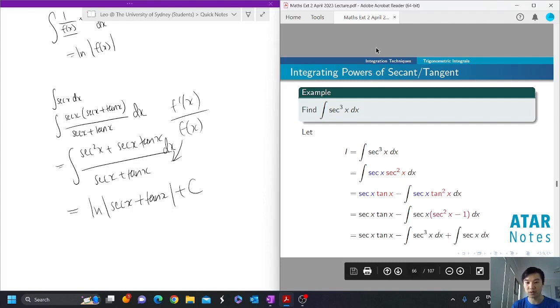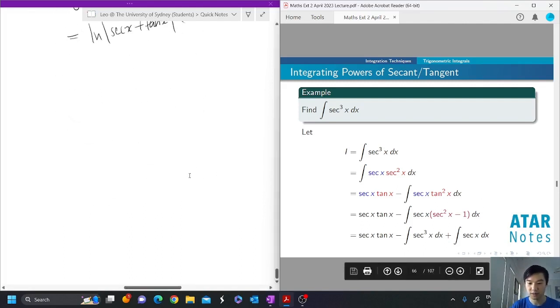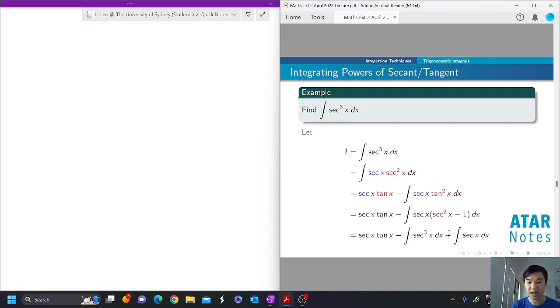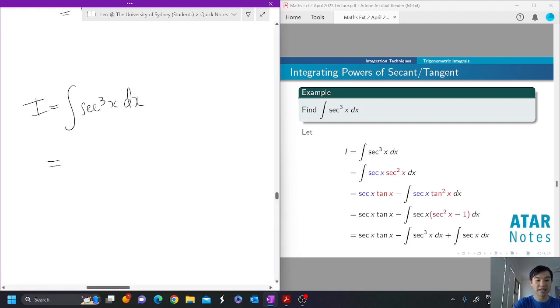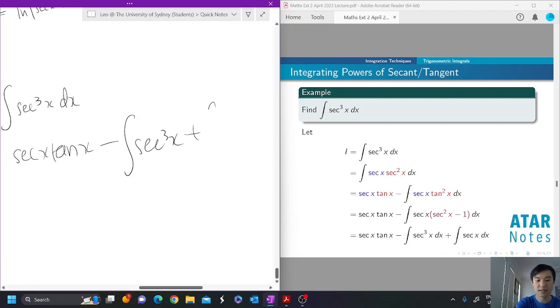So you actually need to take it to the other side, because remember we said we let I be equal to sec cubed x. Along our way of working, we got sec x tan x using integration by parts. We got sec cubed x plus the integral of sec x.